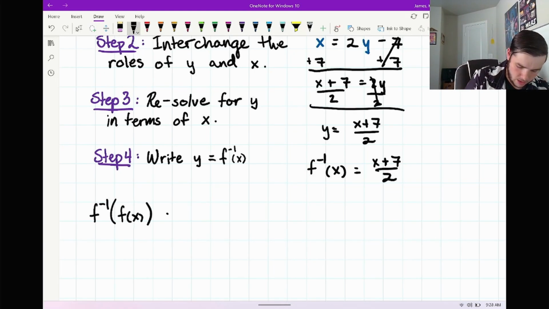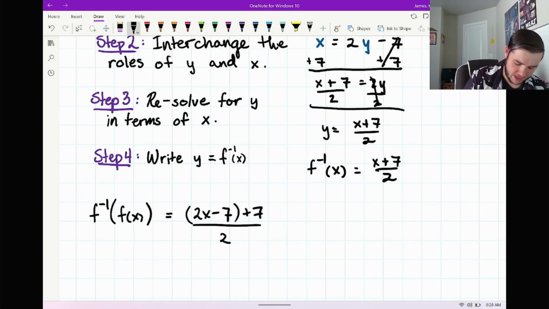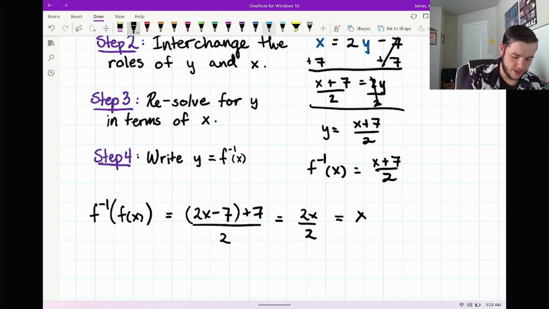So here I have input, which is 2x minus 7, plus 7 over 2. The 7's cancel, which leaves me with 2x over 2, and then the 2's cancel, which leaves me with x. Sure enough, we found the inverse correctly.